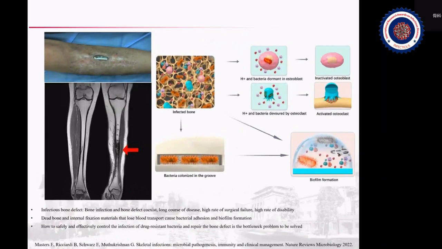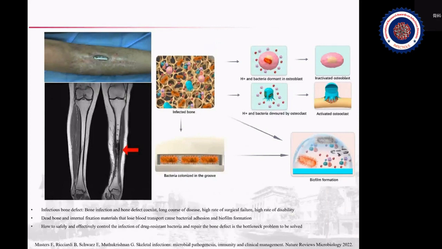Biofilm-forming bacteria are 500 to 5,000 times more resistant to antibiotics than normal bacteria, including those that are normally sensitive to antibiotics. When the bone defect area is infected, it will also lead to local blood supply deficiency, lack of osteoblasts, decrease of bone regeneration ability, and many other factors that hinder bone formation.